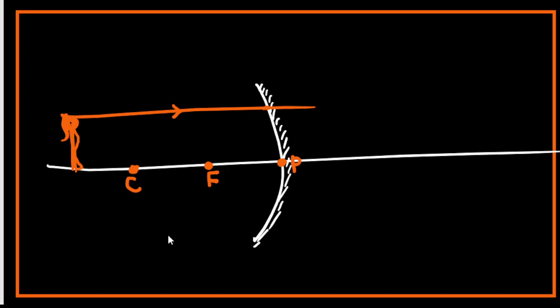That doesn't seem to be passing through F. Let me do that again. I'm not using a ruler. Let me use a proper line instead of drawing it freehand. We're going to have something like this. Good.